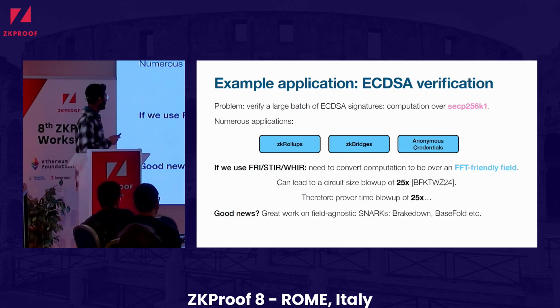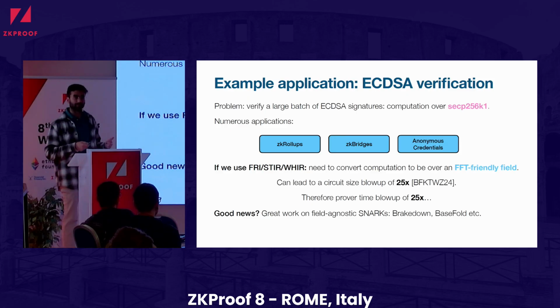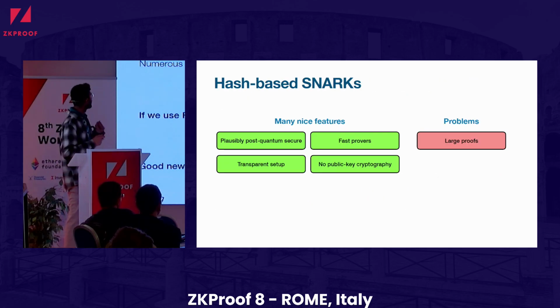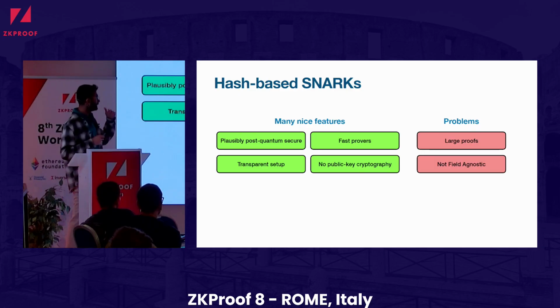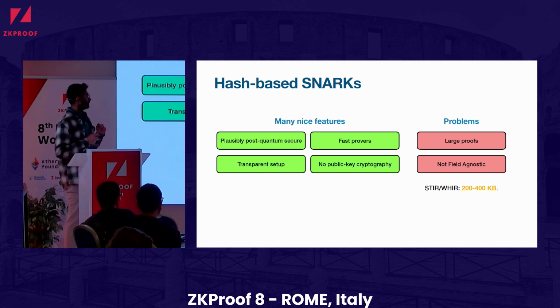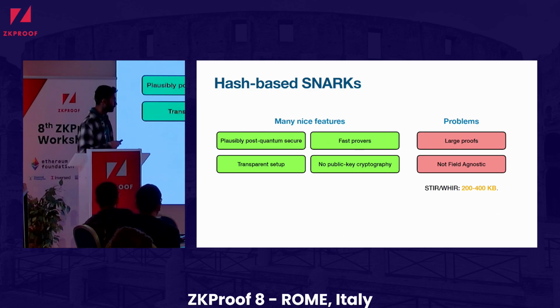Great. But the good news is that there already exists pretty good work on field-agnostic SNARKs, like Brakedown and Basefold. So why do we care about this? The SNARKs that are not field agnostic, like STIR and WHIR, have proof sizes in the range of 200 to 400 kilobytes.